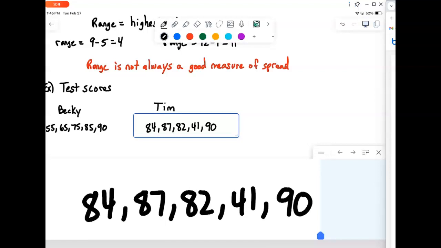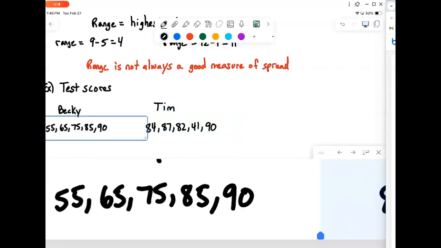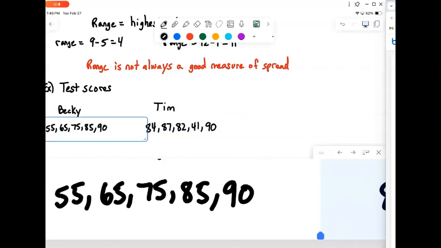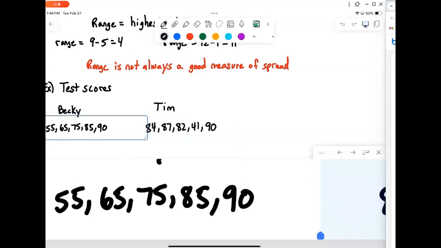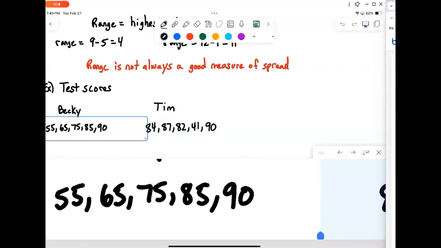Now, looking at these two groups and thinking about how spread out the data is, when we look at Tim's, we see that for the most part he's pretty consistent, except for that one out there test score. The rest of his scores are pretty consistent, whereas Becky has much more variation in her tests.